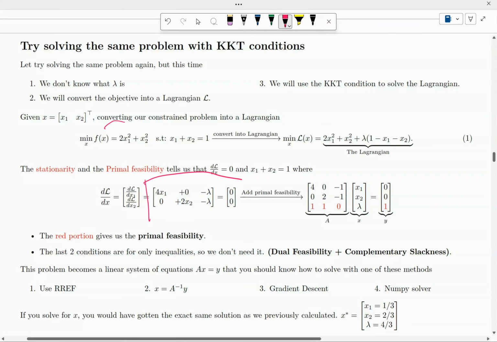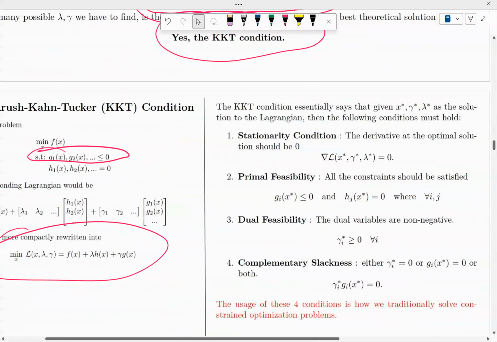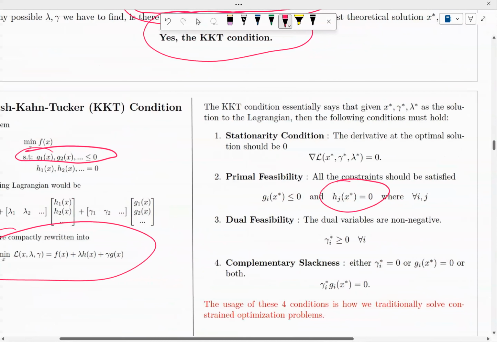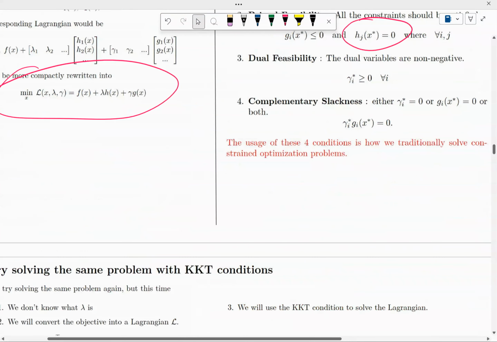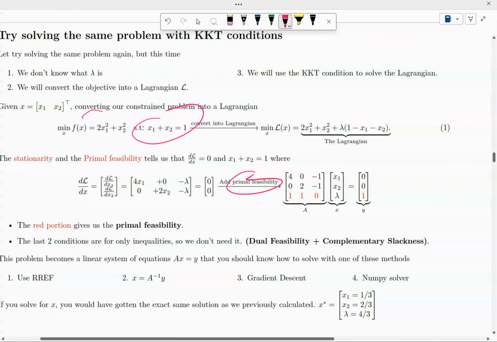Right here, that gives us these conditions. This has to be true. After this, the second one is called the primal feasibility. Primal feasibility says that the condition, where here we only have an equality, has to be true. So this was our condition, and this has to be true.